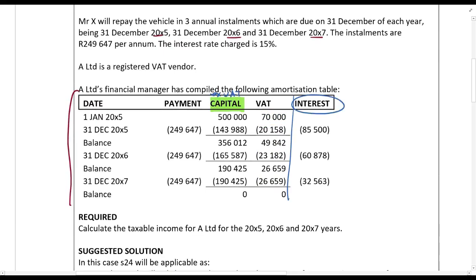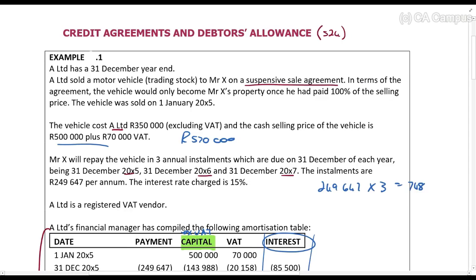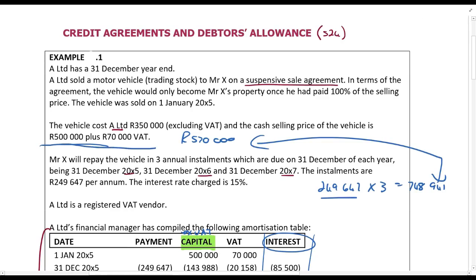Now, as we know with an amortization, think about it: the total cost here is 570,000 rands, that's the selling price including VAT. But this person is paying 249,647 times 3, which is 748,941. What's the difference between those two amounts? The selling price including VAT and the total amounts paid, it's interest.